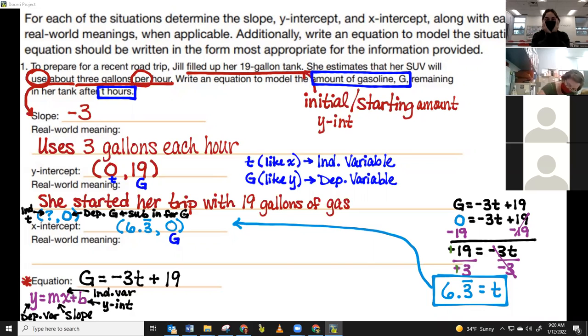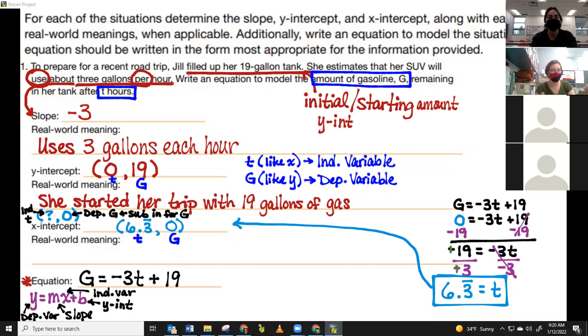That is our time. And how are we measuring time in this problem again? Hours. Okay, so now I want to take this ordered pair and I want to interpret it in this context. I want to explain what this ordered pair means.